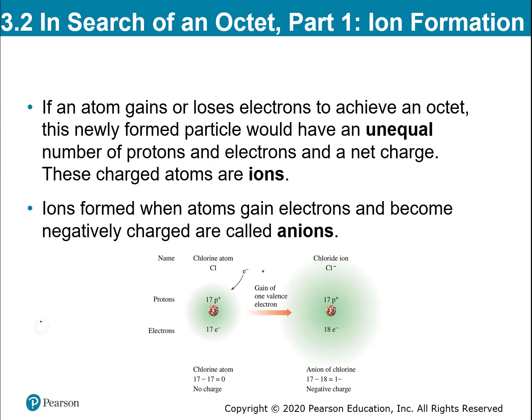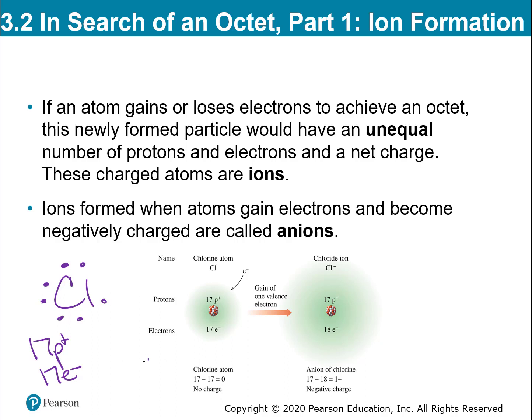Very reactive. So if I have chlorine, remember that I have 1, 2, 3, 4, 5, 6, 7. I have 17 protons total, 17 electrons in an atom. That's very unstable. So what would make it more stable is if that chlorine could just gain 1 electron.